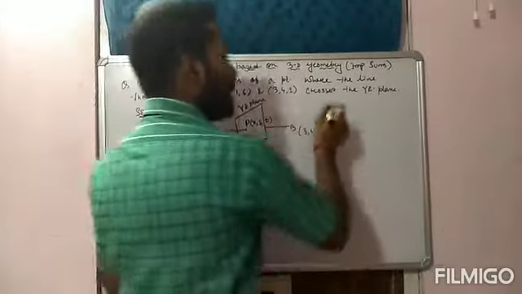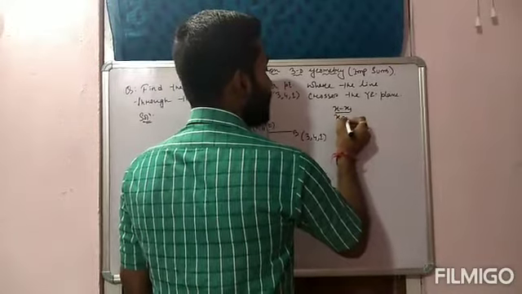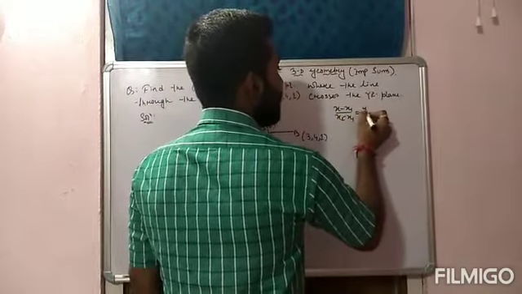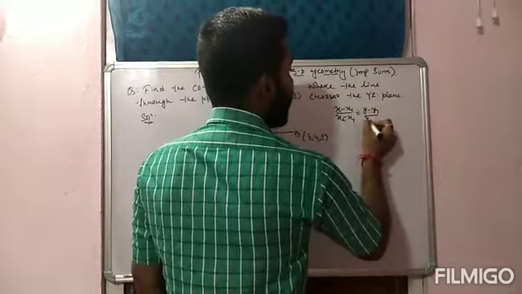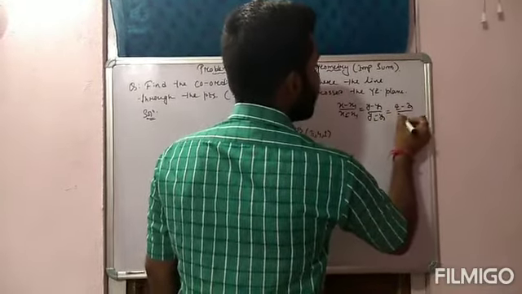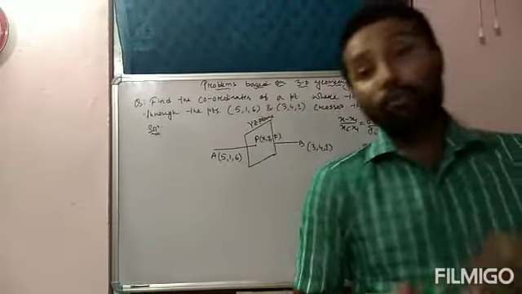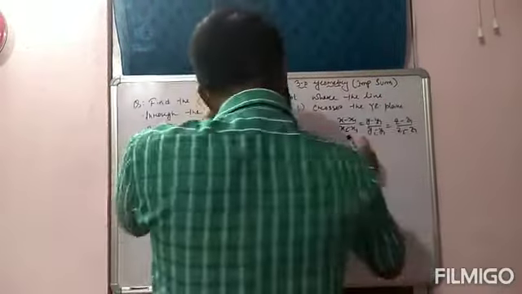What is the equation of a line passing through the 2 points? We know (x minus x1) by (x2 minus x1) equals (y minus y1) by (y2 minus y1) equals (z minus z1) by (z2 minus z1). We know the equation of a line passing through the 2 points. Okay, this is the formula.